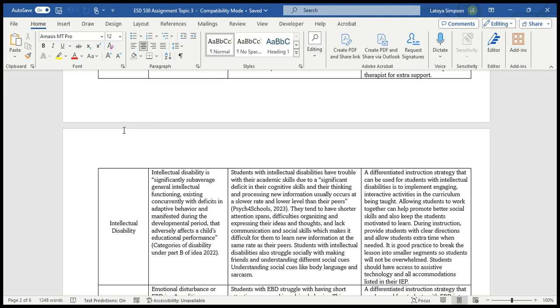An instructional strategy that can be used for students with ID is to implement engaging interactive activities in the curriculum being taught. Allowing students to work together can help promote better social skills and also keep the students motivated to learn.